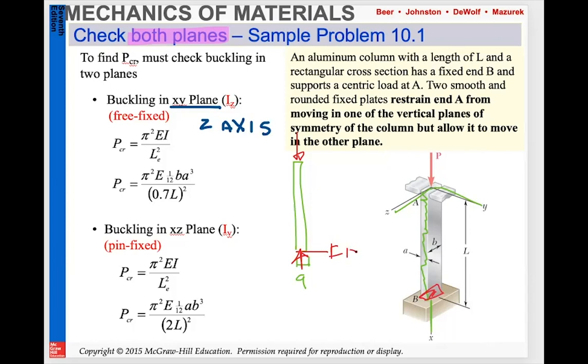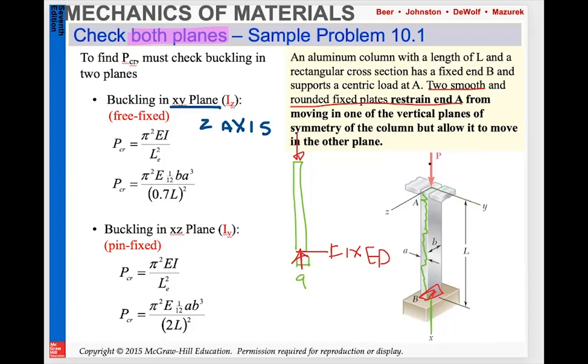And then you have to sort of read the problem to figure out what's happening. So in this particular case, it says two smooth and rounded fixed plates restrain end A from moving in one of the vertical planes in symmetry, but don't allow it to move in the other plane. So if you look at this, and let me erase a little bit of the scribbles here.